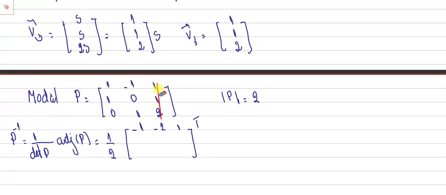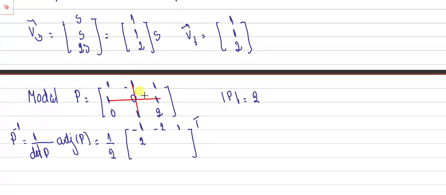Row 1 already, we go to row 2. Row 2 and column 1. So we got this one, 2, 1 is minus. Minus 2 and minus is 2. And the next, I just omit column 2.